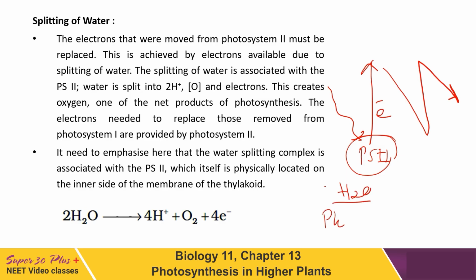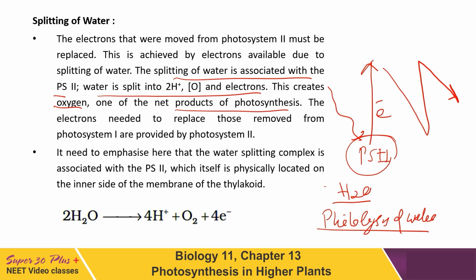The process is known as photolysis of water. This is photolysis of water, is it? And splitting of water is associated with this. Water is split like this. It creates oxygen, the net product of photosynthesis. Here the oxygen will be released as a result of photosystem second.